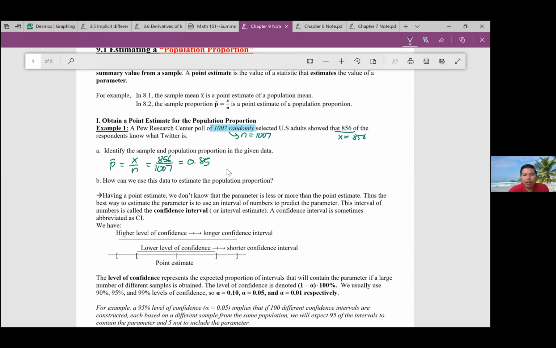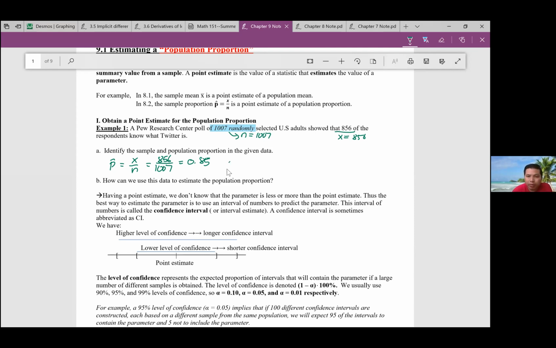So roughly 85% out of 1,007 know exactly what Twitter is. Based on that, we can make a prediction for the US population. Okay, so that's what we meant by using that.